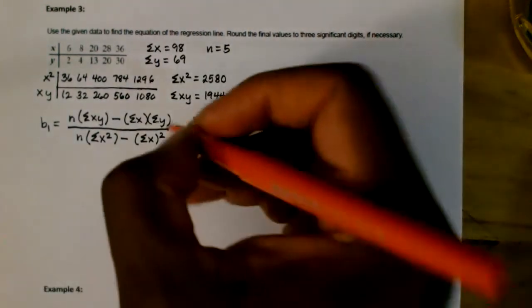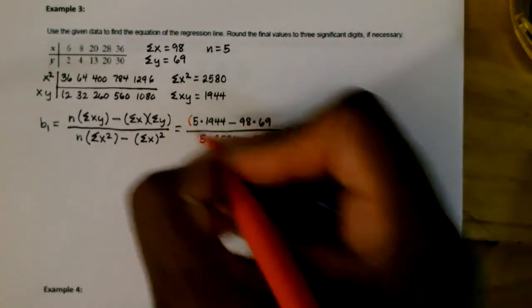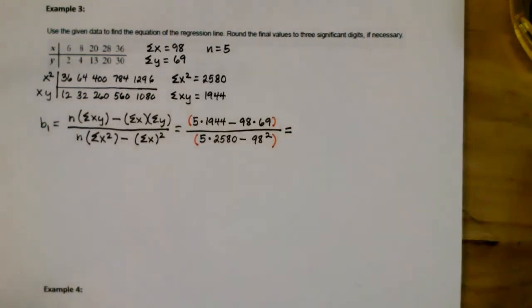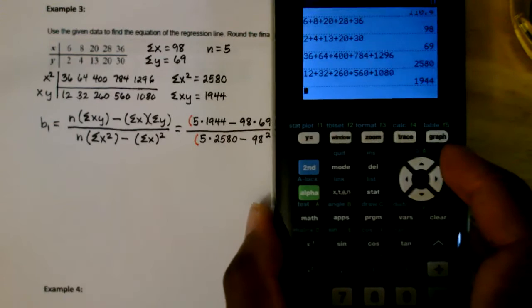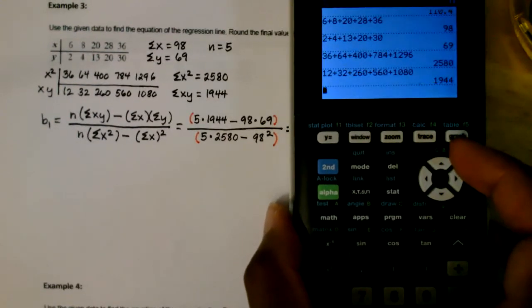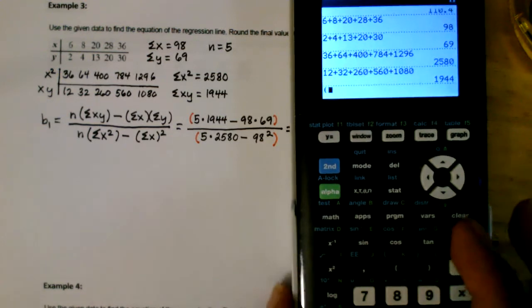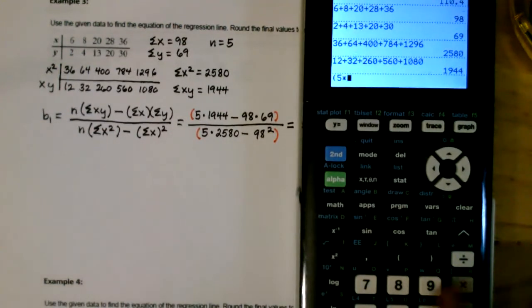And I think we could do all of this in the calculator by putting parentheses in the numerator and in the denominator. Let's see what happens. So here, left parentheses, 5 times 1944 minus 98 times 69.